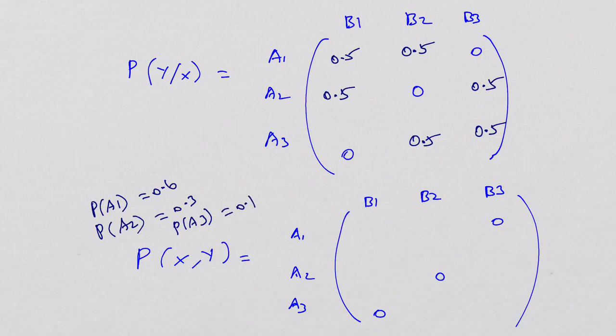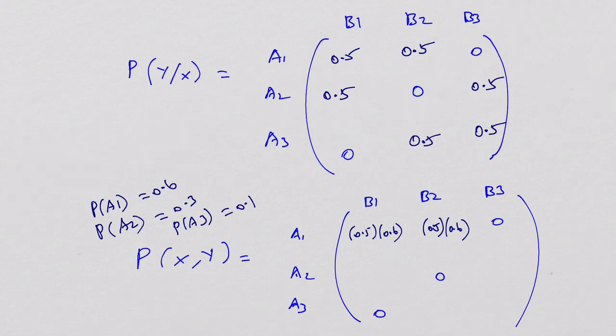Using these two sets of values, P of A1 comma B1 is the product of 0.5 multiplied by 0.6. P of A1 comma B2 is 0.5 multiplied by 0.6. The last element is 0 multiplied by 0.6, which is 0. So let me substitute 0 there.